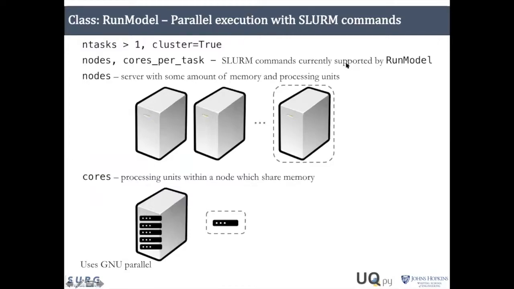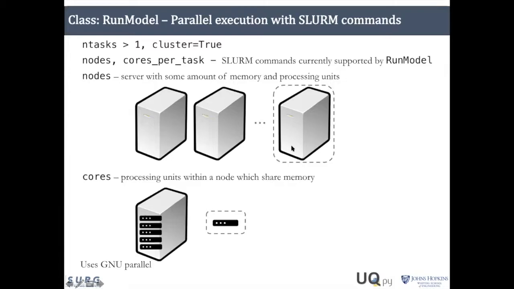Now, if the execution is on a cluster, that is triggered by setting the input attribute cluster to true and ntask greater than 1. Then the slurm commands called nodes and cores per task are the two commands which are currently supported by RunModel, where a node is just a server with some amount of memory and some processing units, where each processing unit is called a core.